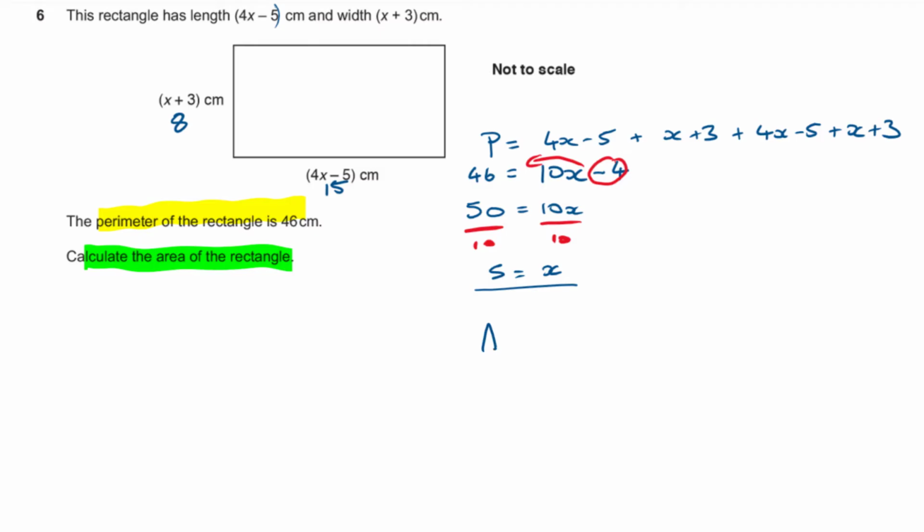So then its area is just going to be 15 times 8. What's that? 10 8s are 80, 5 8s are 40, so that's 120 then, isn't it? Don't forget units, centimeters squared.